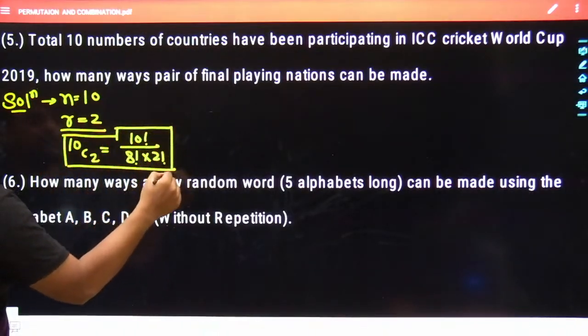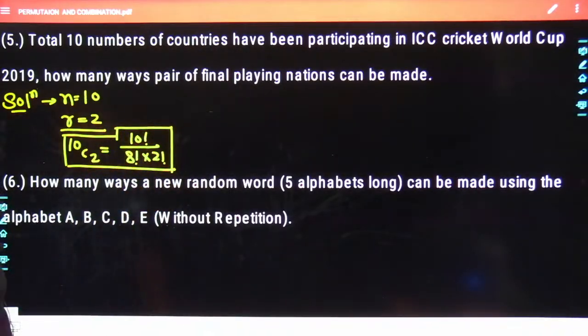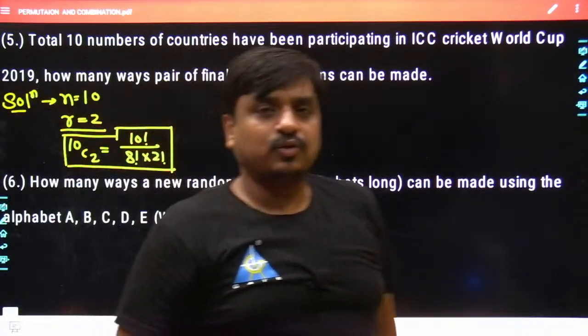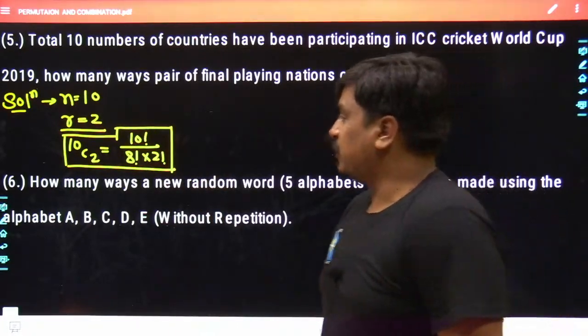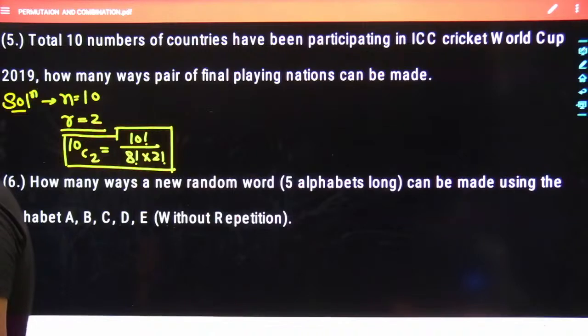Anyways, I am not focusing much on this answer, because if you feed this data into the calculator, you would get the perfect answer. So I don't think there should be any doubt in anybody's mind.